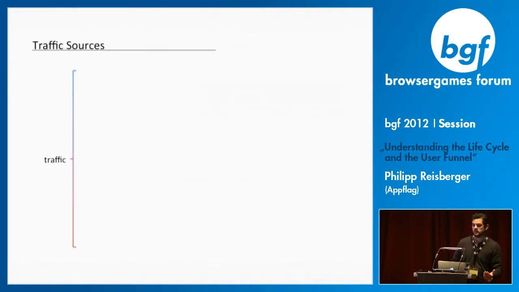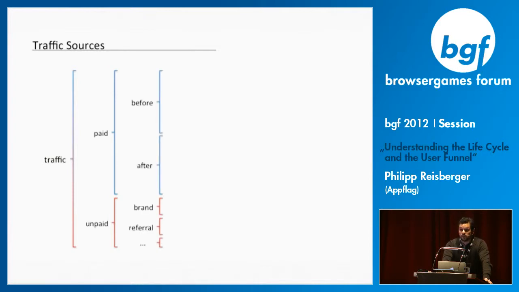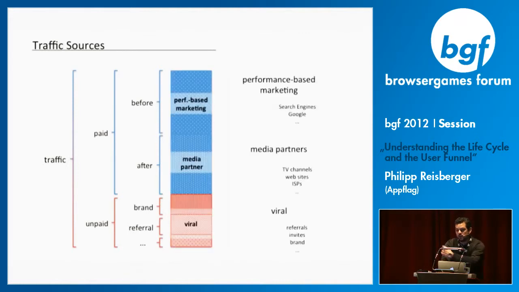And like I said earlier, the different cohorts, this is just one example of cohorts I'm going to talk you through, and I think it's pretty straightforward. It's a cohort of traffic, which can be broken down into paid and unpaid users. Well, you could pay beforehand or after, and in terms of unpaid, of course, you've got all the viral traffic. So I know they're not good looking, these slides, but bear with me.